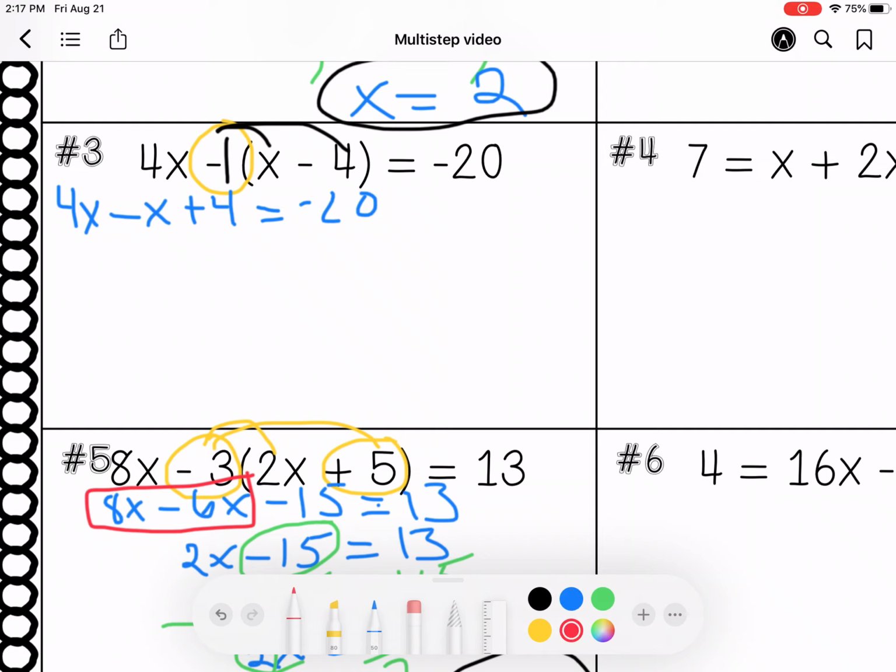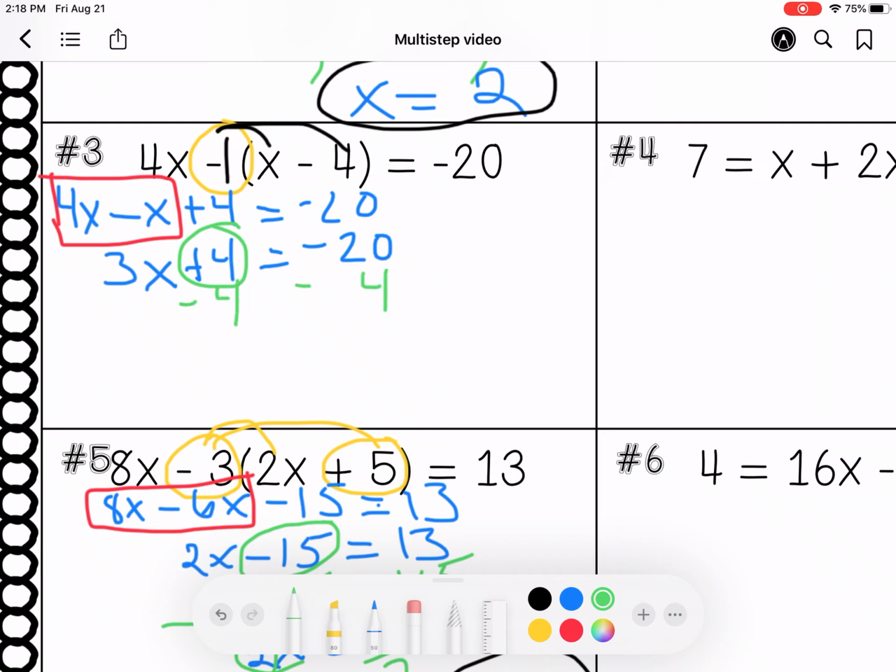I have my x's, so let's combine them. I have 4x minus x, so 3x plus 4 is equal to negative 20. Now I have to move my constant. Let's identify it: that's positive 4. How do I move a positive 4? I subtract 4 from both sides.